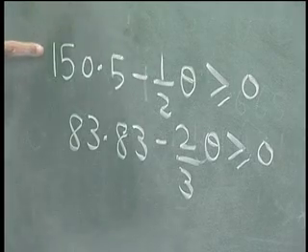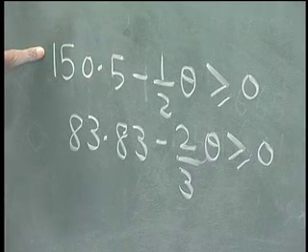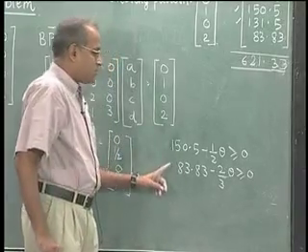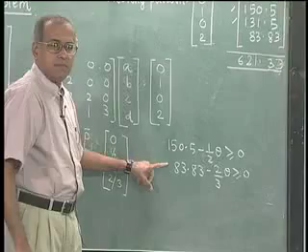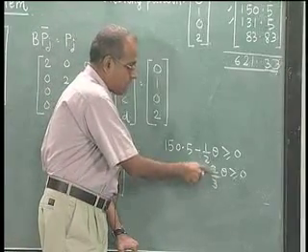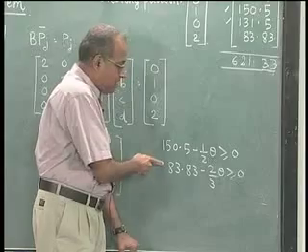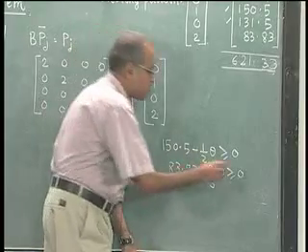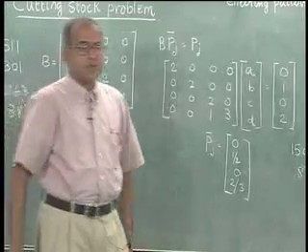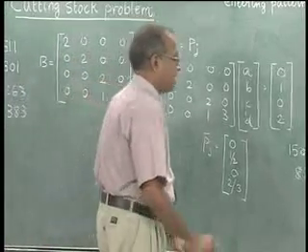Now, this would give us a value of roughly about 120, because this 83.83 into 3 divided by 2 will be roughly of the order of 120. So, this is the variable that will dictate theta. So, we will find out theta corresponding to this.